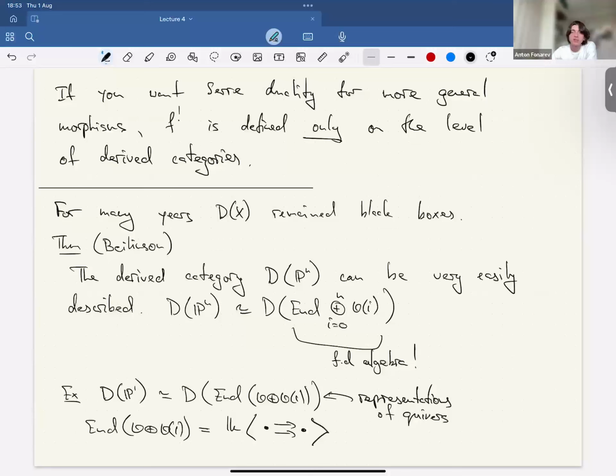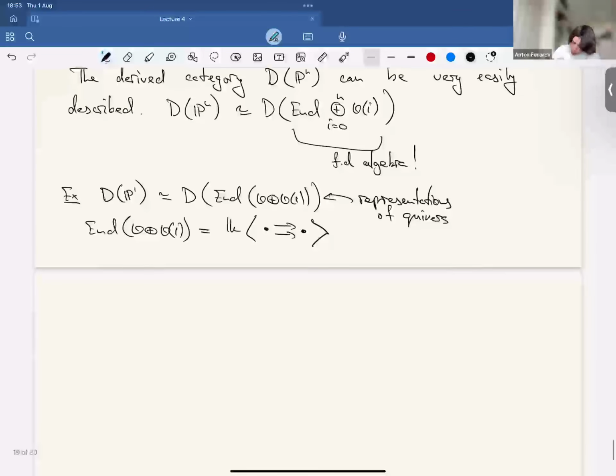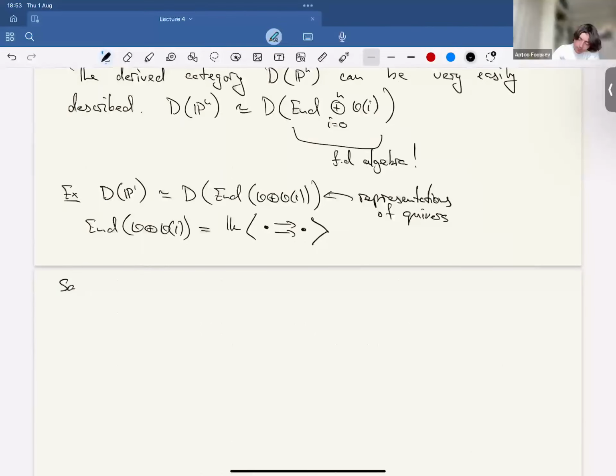And people love representations of quivers. Representation of quivers is simply like very advanced linear algebra, but you can do plenty and plenty of stuff there. Similarly for finite dimensional algebras. So the same happens for other varieties.